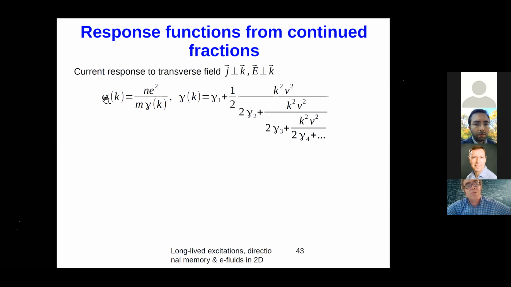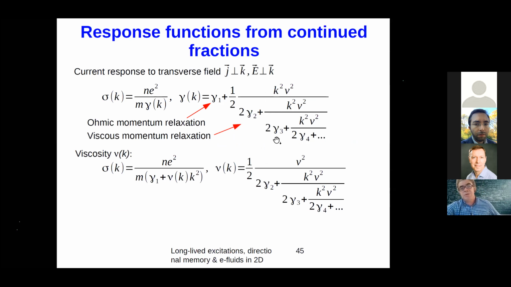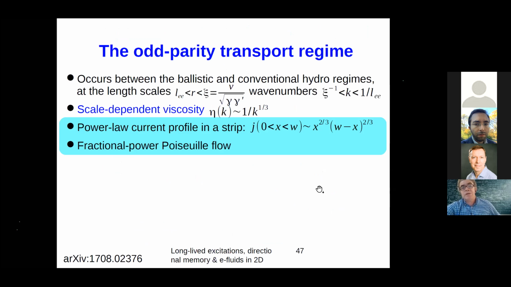All non-local conductivity and non-local viscosity can be written as continued fractions, including the relaxation rates for different harmonics. But let me skip the derivations of all of that. One can analyze these expressions and derive those power laws that I advertised.